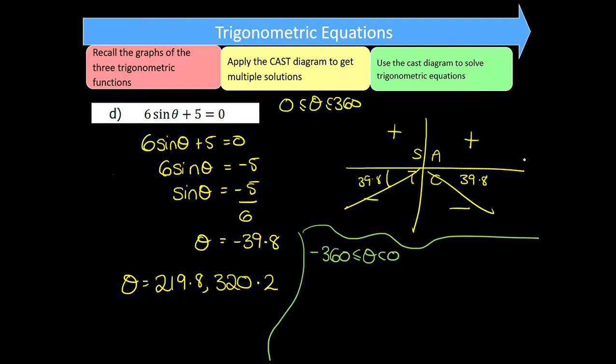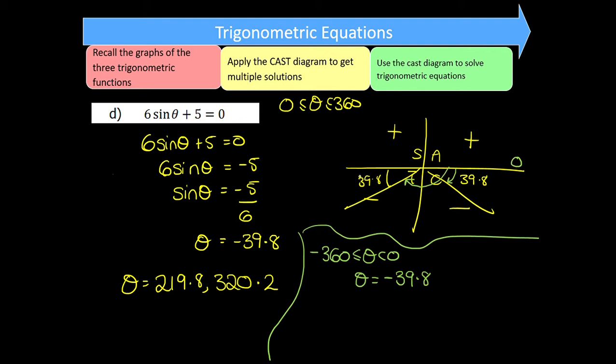Just to make sure we know how to go backwards through a cast diagram. There's different ways to do it, but what I like to do is start at 0 and work backwards around. If I go anti-clockwise, that's classed as forwards. So I'm going backwards around because I'm going clockwise. So at 0, I'm going to go backwards 39.8. So in this example, I would actually get minus 39.8. And then I need to go backwards to here.